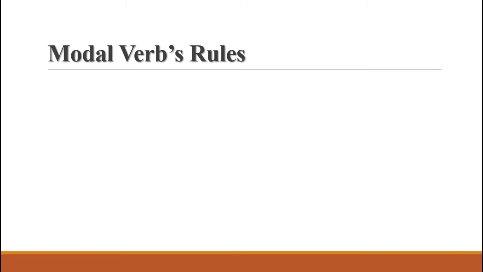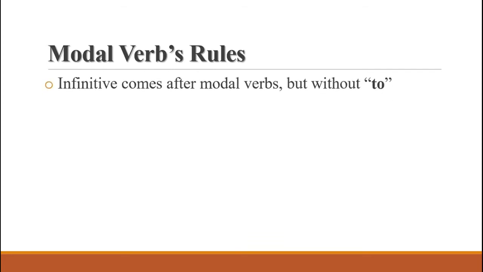What are the rules of modal verbs? The first rule is that the infinitive comes after modal verbs but without to. Let's see this example. I might eat some bananas.